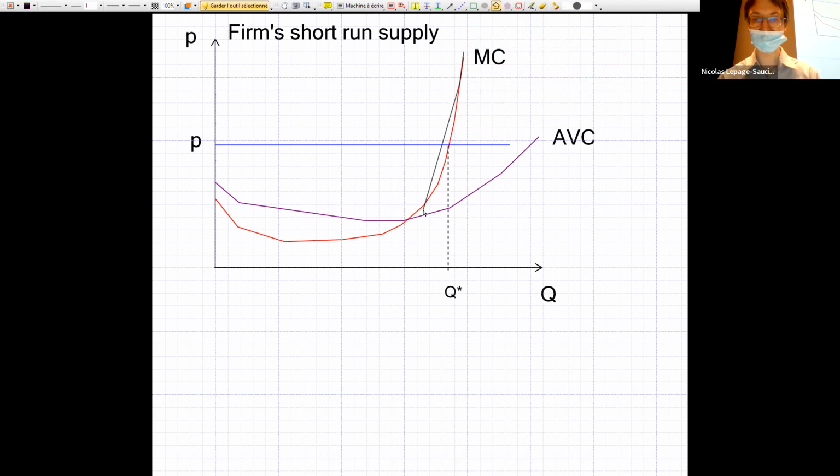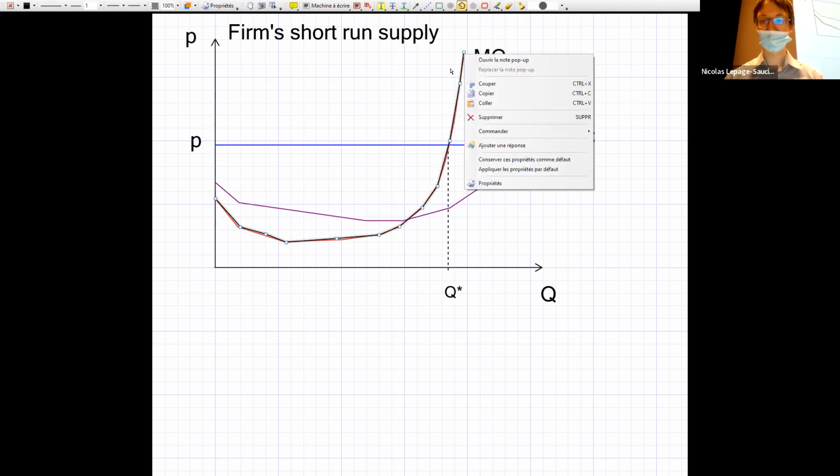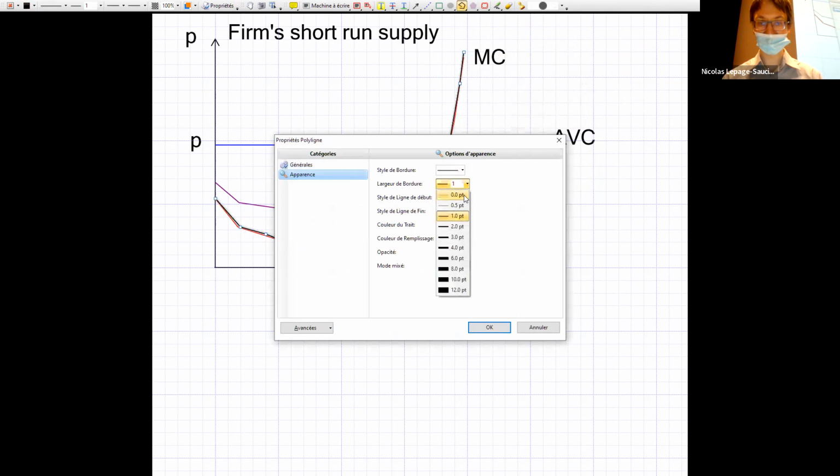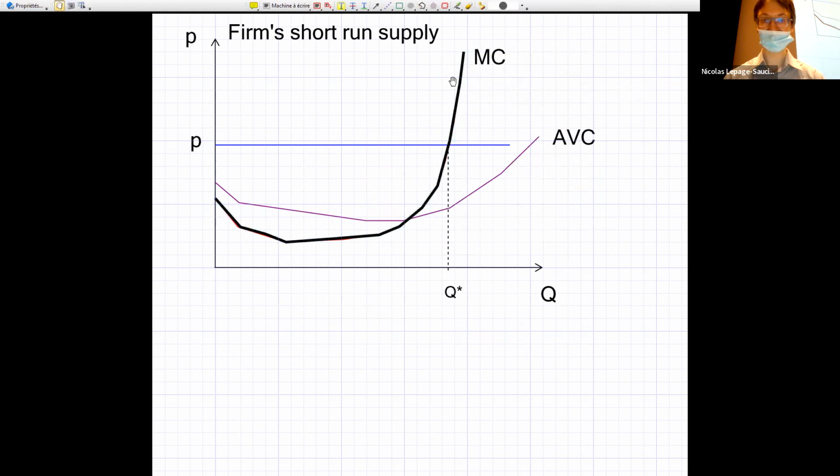I'm going to try to. All right. Let me make this. Okay, so this is the market supply. So do we all agree with this?